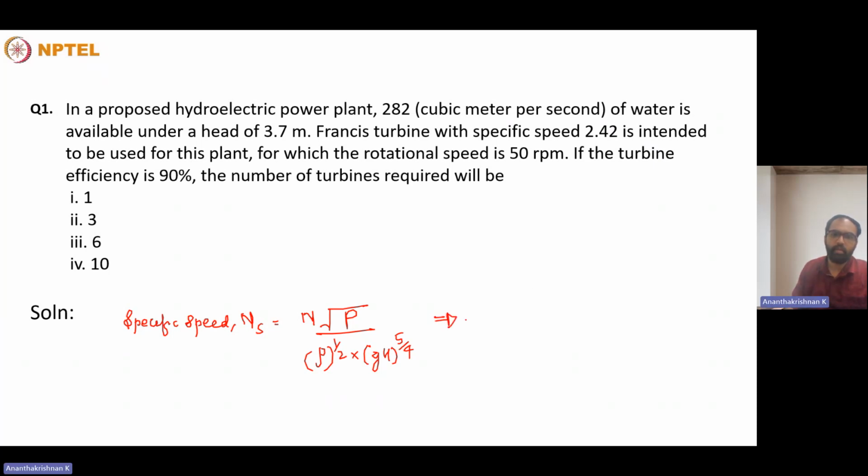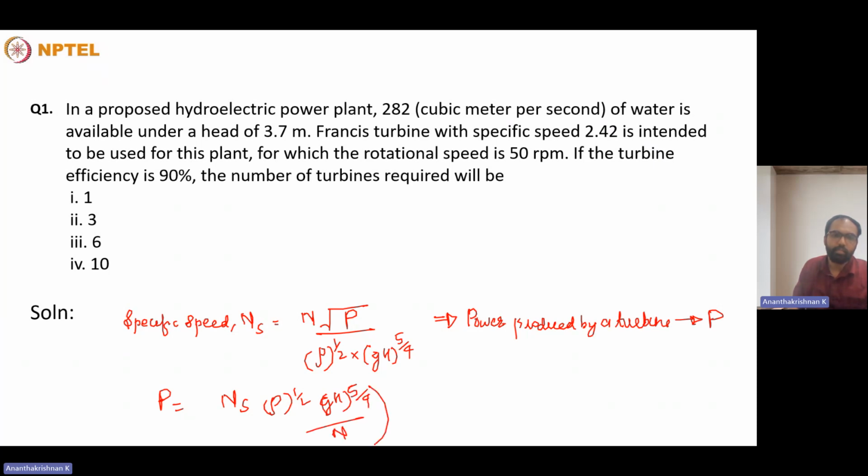From this, we can calculate the power P produced by a turbine. P is equal to Ns times rho raised to 1/2 gH raised to 5/4, divided by the speed, the whole raised to 2.